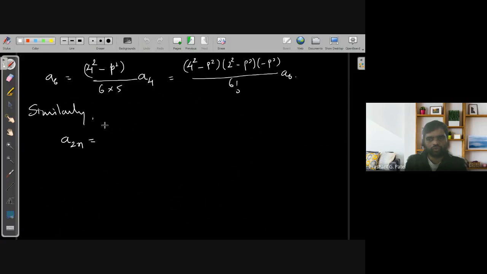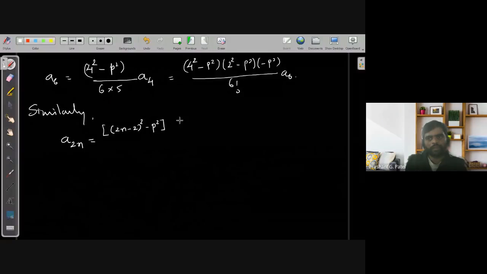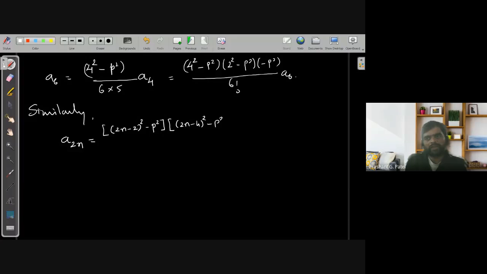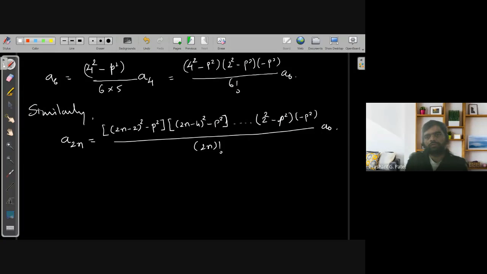So in general, it will be (2n minus 2) square minus p square, then (2n minus 4) square minus p square, up to so on, 2 square minus p square, and into minus p square upon 2n factorial into a0, and this is true for any value of n from 1 to infinity.